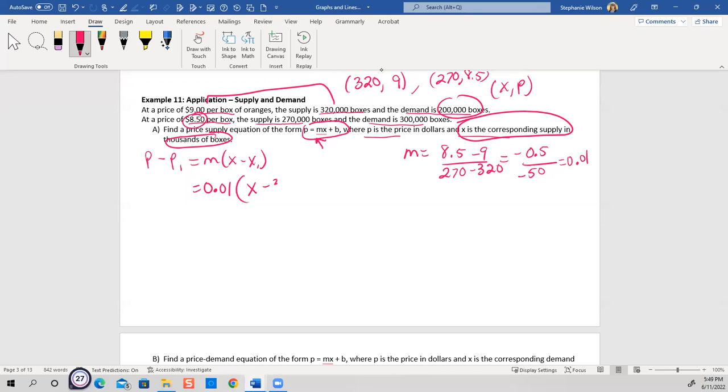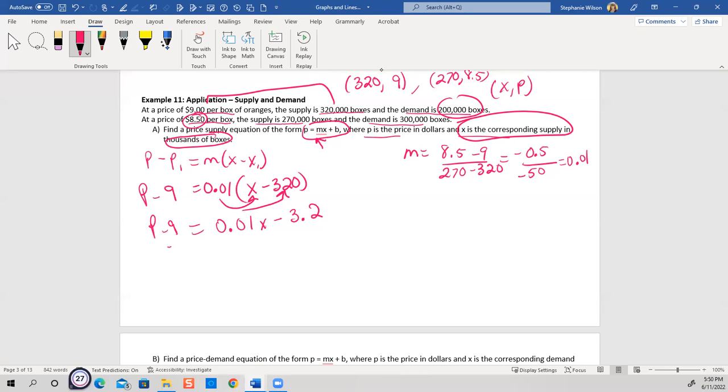So I got x minus 320. On this other side, I got p minus 9. And then I'm going to start solving by distributing this 0.01 times that x, and then times that negative 320. And that gives me 3.2.